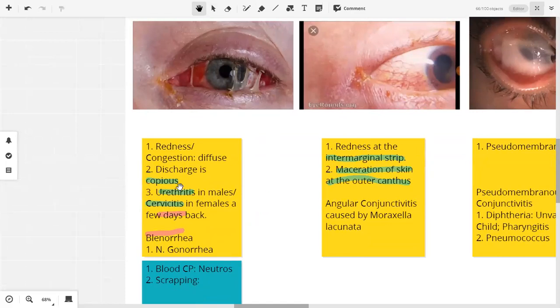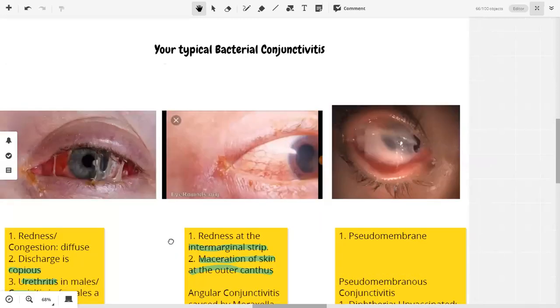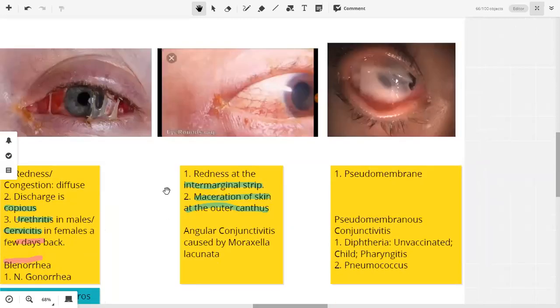Our second case is a patient presenting with typical symptoms of bacterial conjunctivitis. His redness and hyperemia is confined to the intermarginal strip, and he also has maceration of the skin at the outer margin. This is your case of angular conjunctivitis caused by Moraxella lacunata.